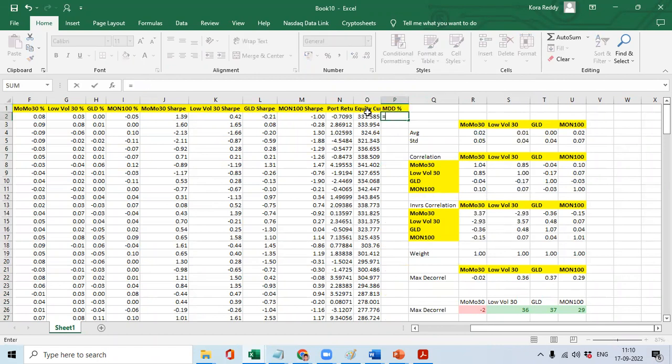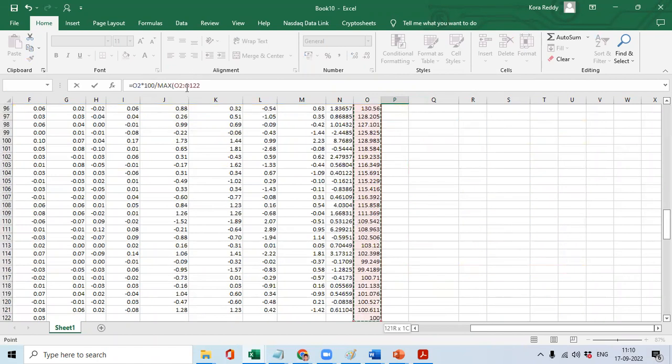So this would be this into 100 divided by max of, I think I should lock this.